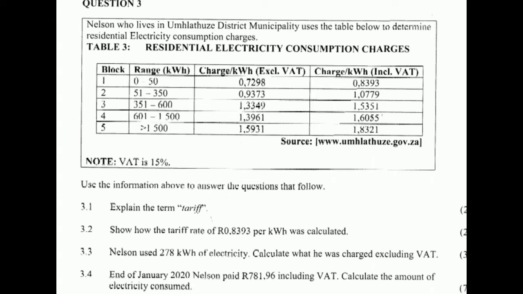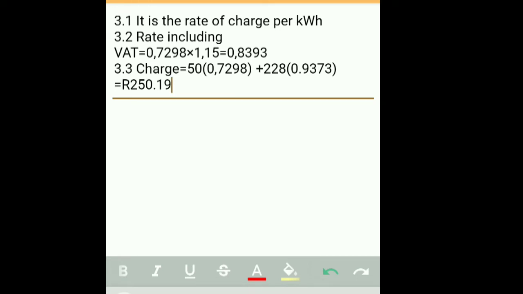And it specifies on this table that you only calculate the charges from 51 to 350. We already calculated them. So we multiply by 0.9373. By the way, the 50 we multiply by 0.7298. So when we put this all together, it gives us 250.19. Then you are done. Just as simple.